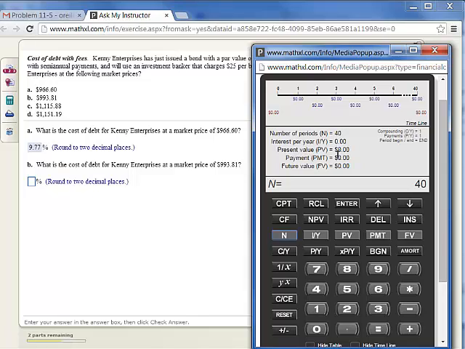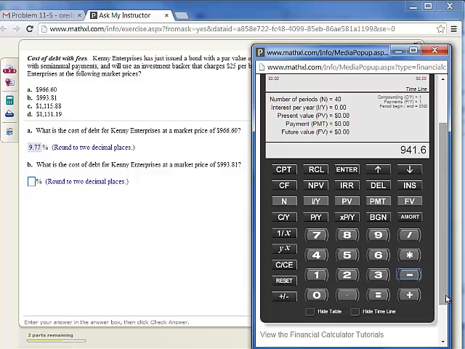The present value will be entered in as a negative number. The present value is equal to the market price of $966.60 minus that $25 fee, so the company only gets $941.60. So I'm going to click on 941.6, then I click on minus, click again, not taking it.